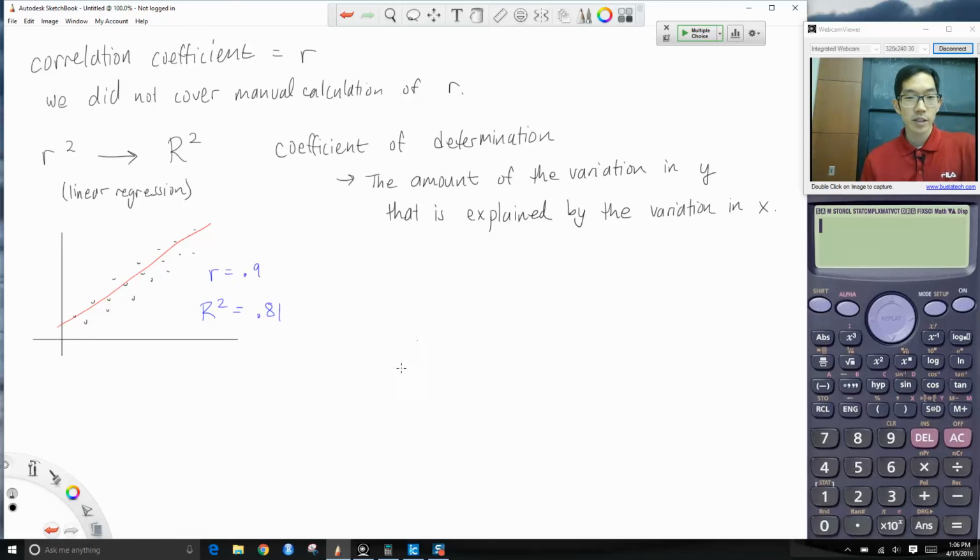So let's say you are collecting data on how heavy a cow is. How heavy is a cow?